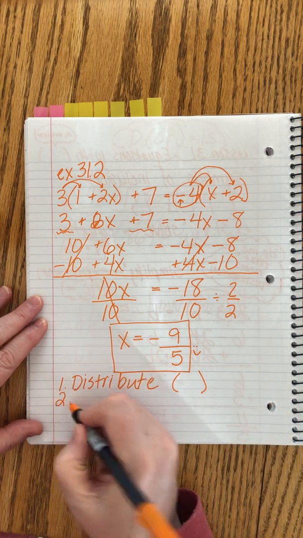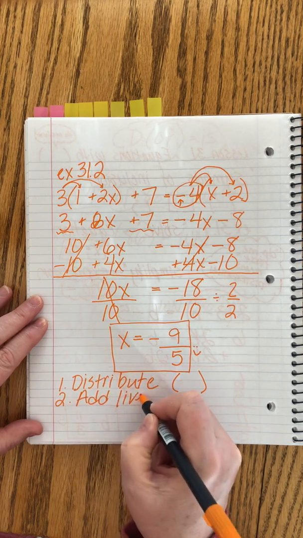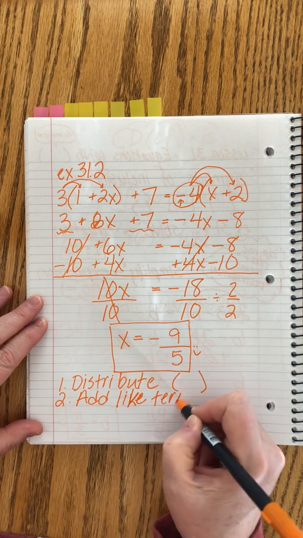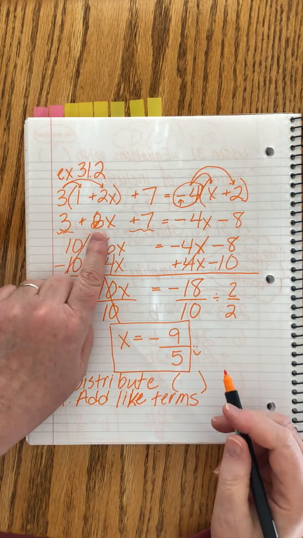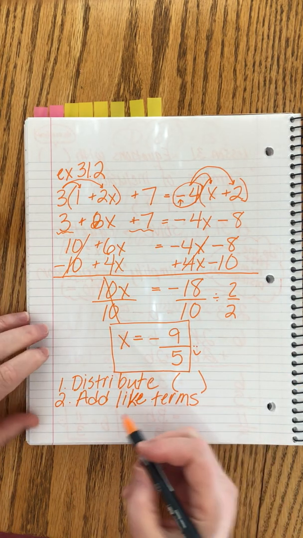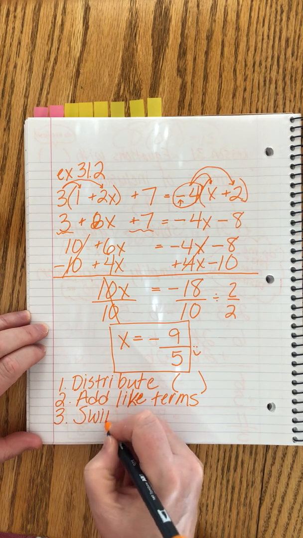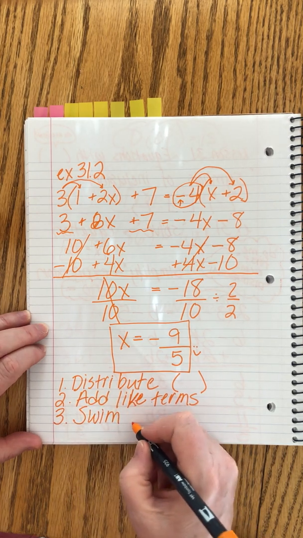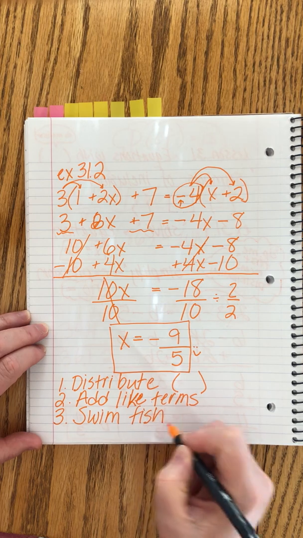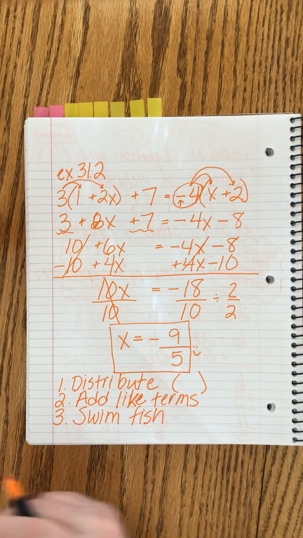The second thing that we had to do in this one was we add like terms, right? Sometimes when we distribute, we may have other terms and we can mush those together as need be. Then we swim our fish, which means we add and subtract accordingly to get all the x's or whatever letter on one side of the equation and all the plain numbers on the other side.